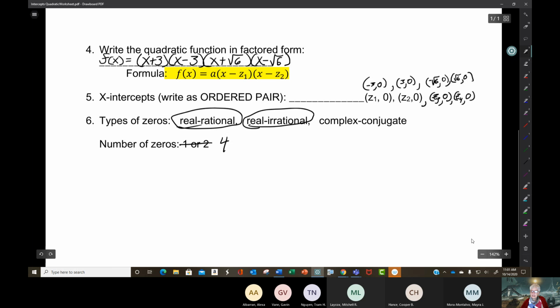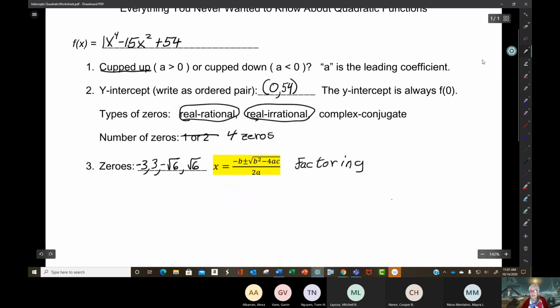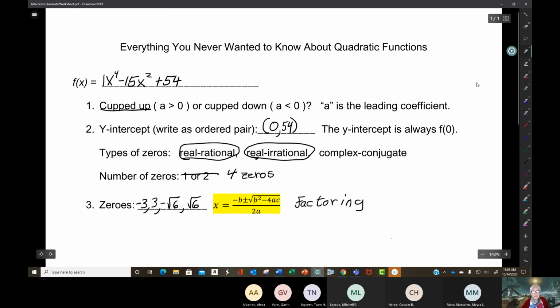And that, you will find, is all the first stuff you usually have to answer about any quadratic function, or here a quartic function.